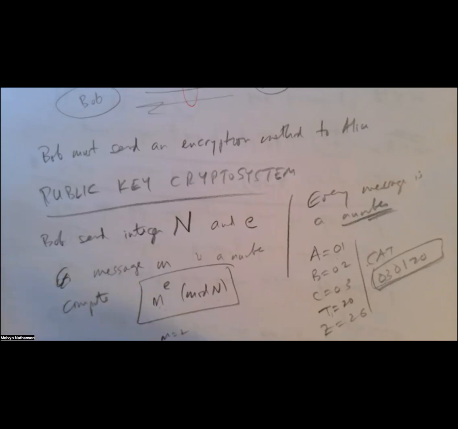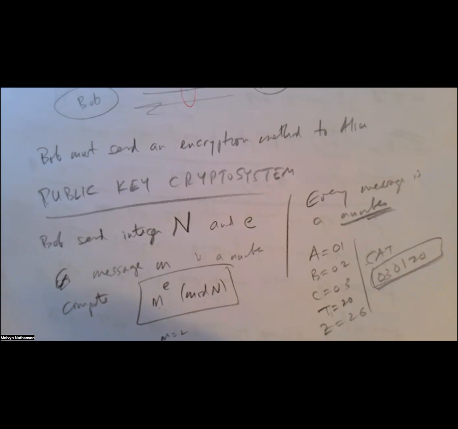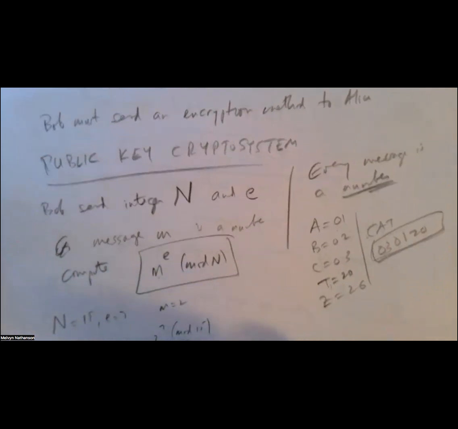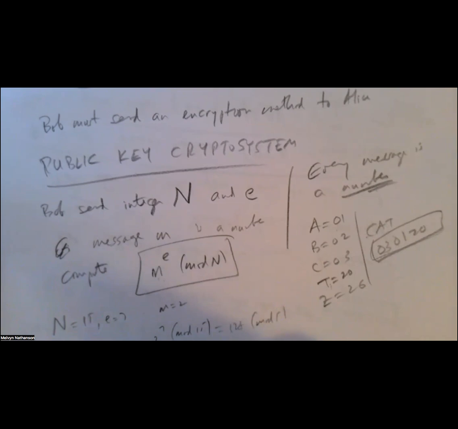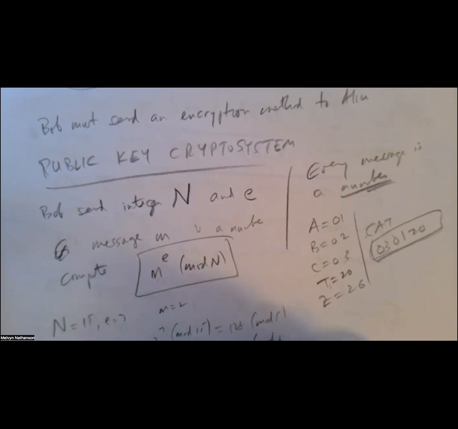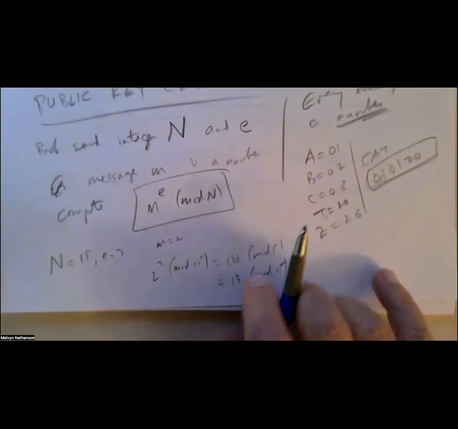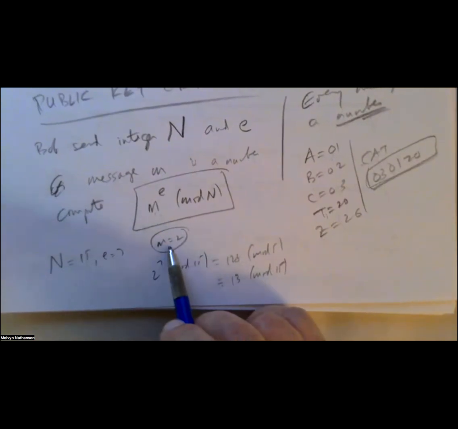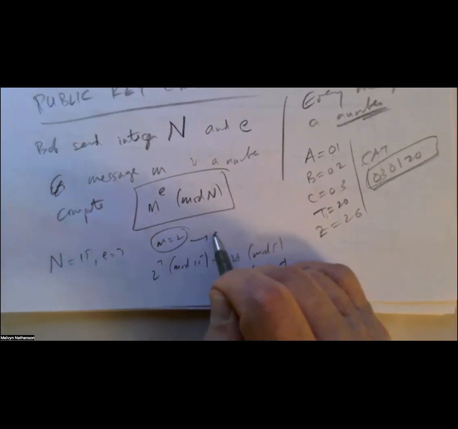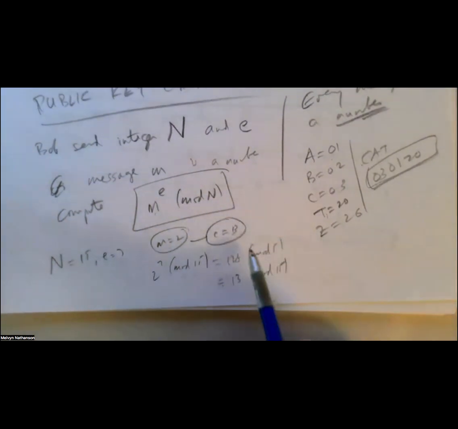So 2 to the 7th is 128 mod 15, which is 13 mod 15. So if your plain text message is 2, when you encrypt it, you get the number 13, and you send the number 13 to Bob.